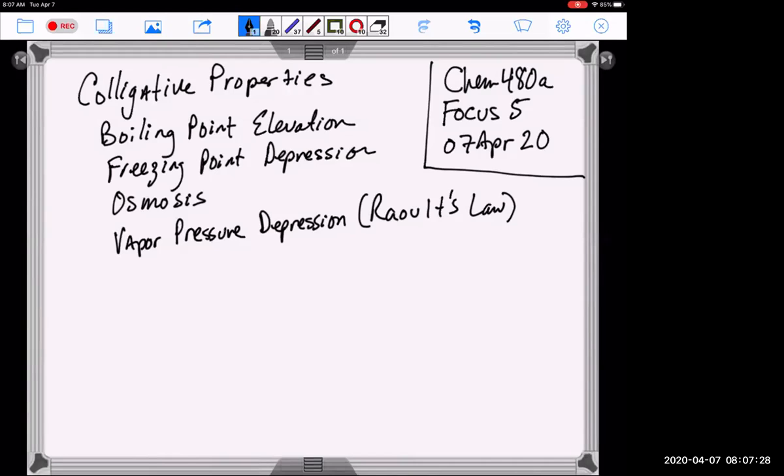Okay, so the system we have looks like this. We have a pure substance with a P star, and then we have a solute plus solvent.